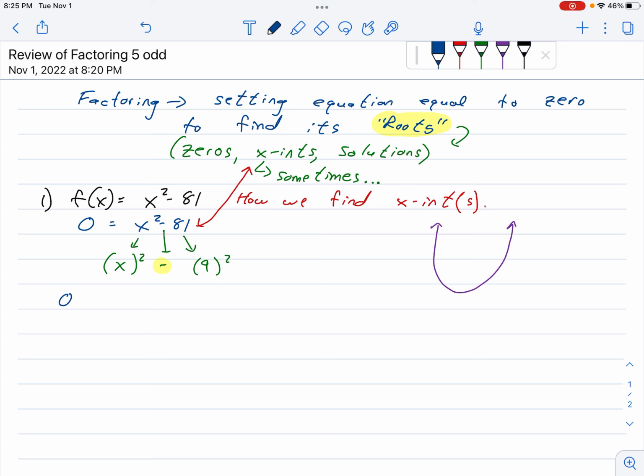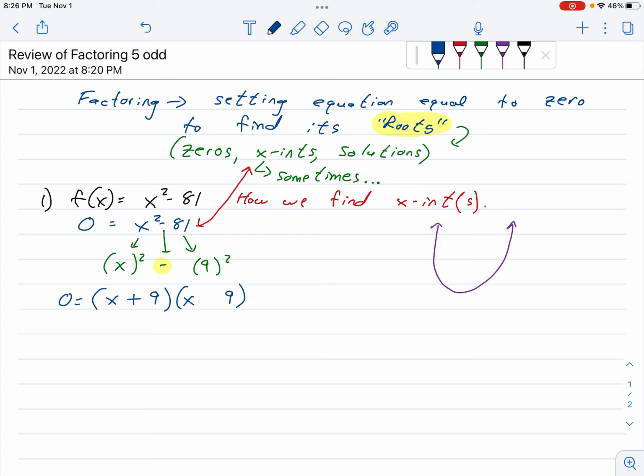So now I have 0 is equal to the x, because x times x gives me x squared, and the 9, because 9 times 9 gives me 81. How do I cancel out my middle term? There's just an x to the 0 here. I make 1 plus, 1 minus.